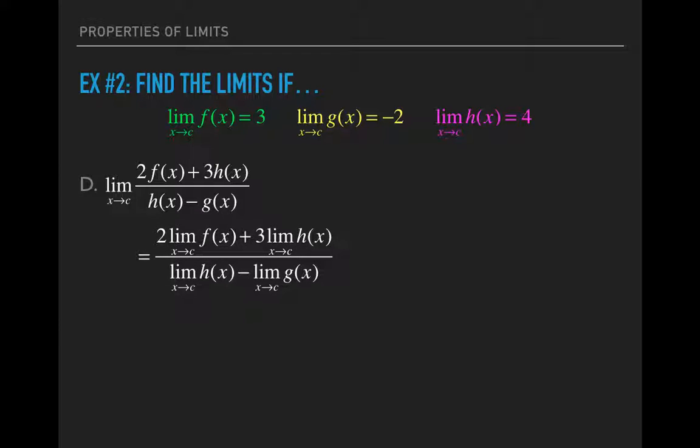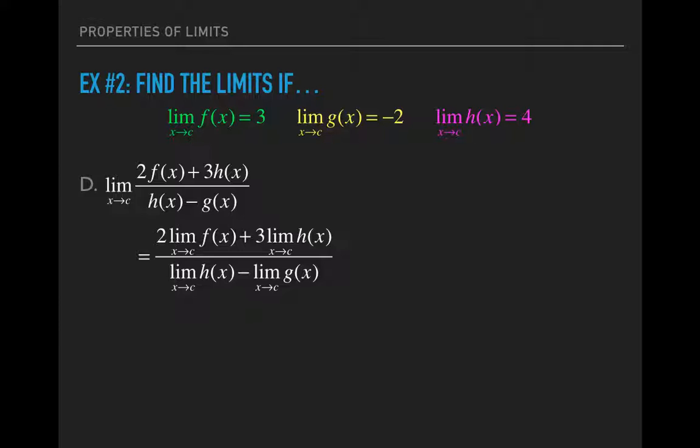So take 2 times the limit of f and add to it 3 times the limit of h, and then divide that by the limit of h minus the limit of g.